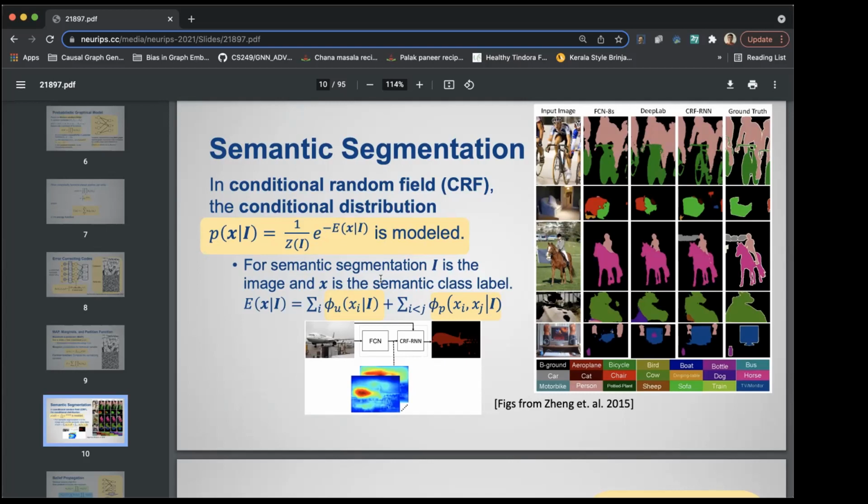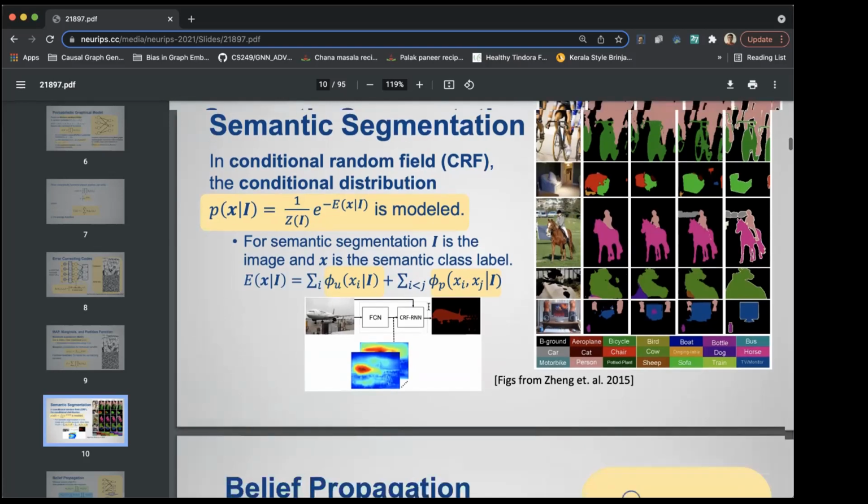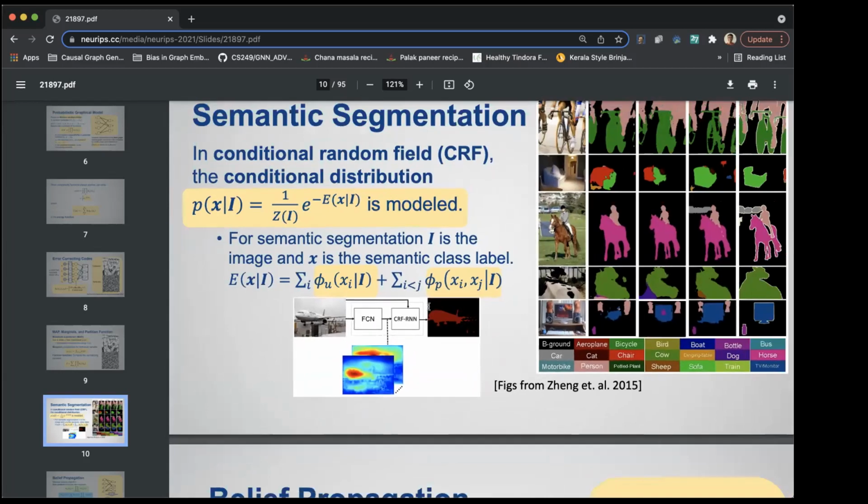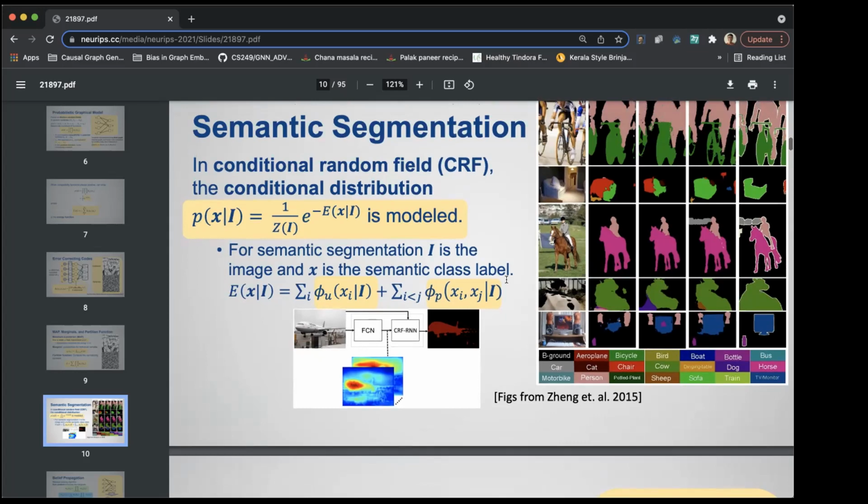But for semantic segmentation, we would like that if I is the image and X is the semantic class label, this energy function... Can anyone provide maybe the interpretation for why we might want this energy function for semantic segmentation? What is the intuition behind this energy function?